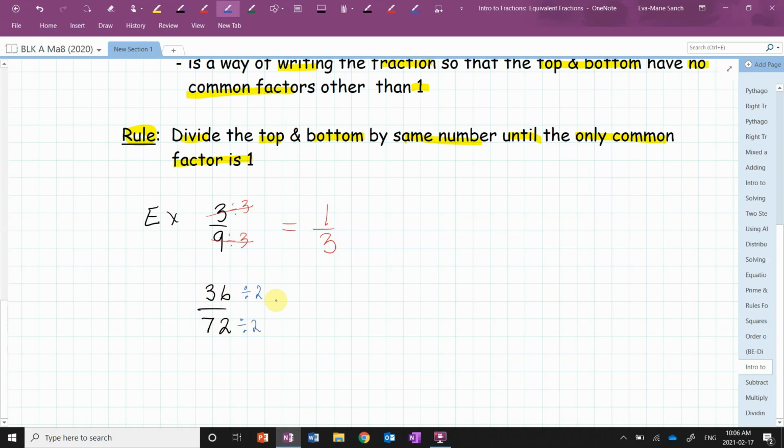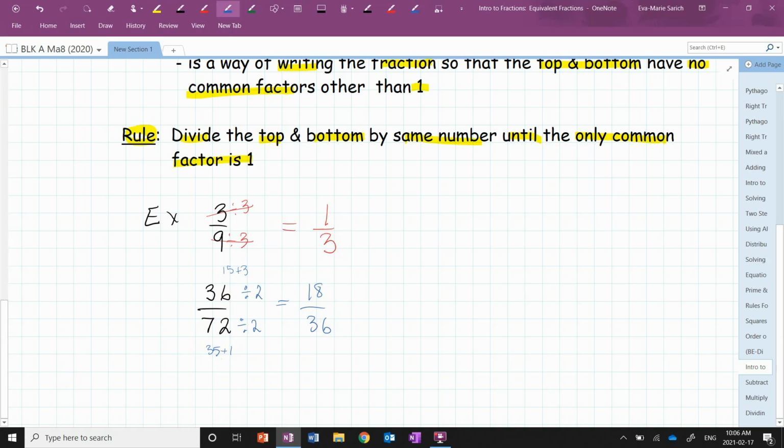So 36 divides by 2, well, half of 30, remember, is 15, and half of 6 is 3, so when we put it together, we're going to get 18, right? Half of 70 is going to be 35, and half of 2 is 1, so that's going to give us 36 at the bottom, okay? So dividing by 2 gave us 18 over 36.